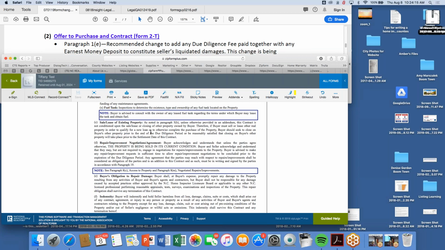Therefore, if buyer must sell or lease other real property in order to qualify for a new loan or to otherwise complete the purchase of the property, buyer shall seek to close on buyer's other property prior to the end of the due diligence period or be reasonably satisfied that closing on buyer's other property will take place prior to the settlement date of this contract.